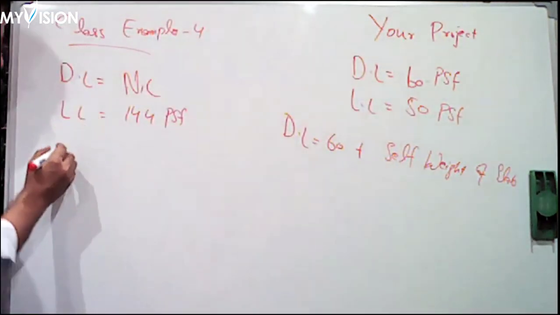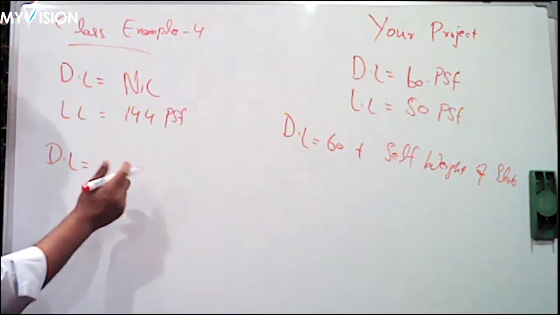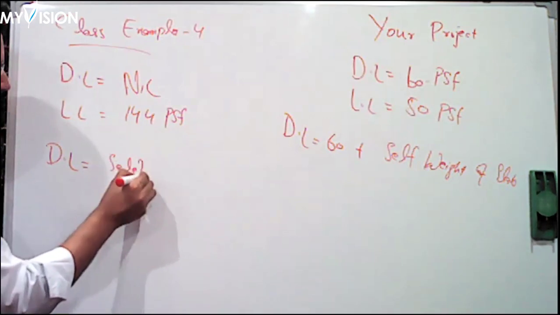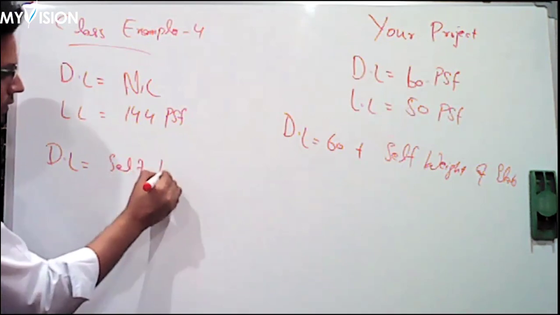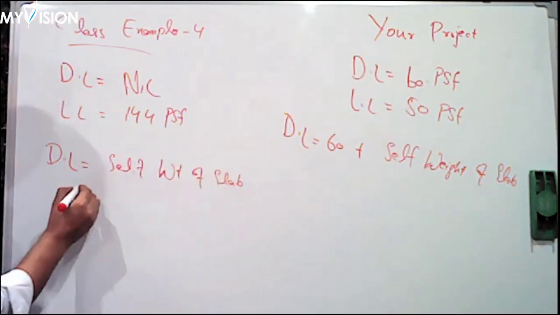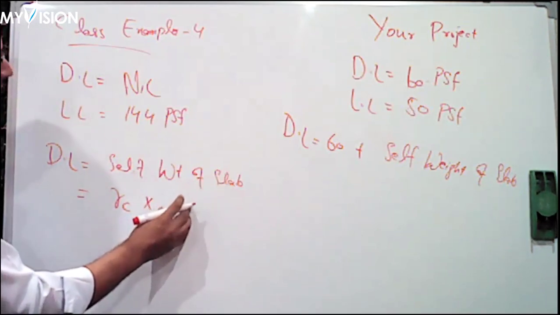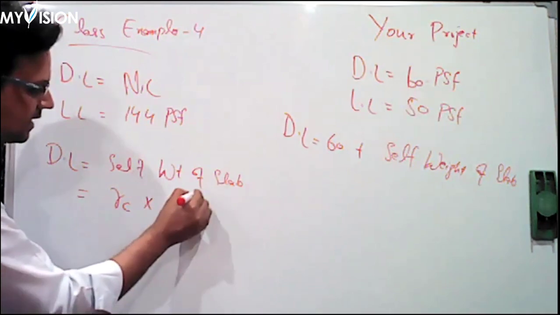But in my example, the dead load will be only the self-weight of the slab, which equals gamma concrete multiplied by the slab thickness of 7 inches.